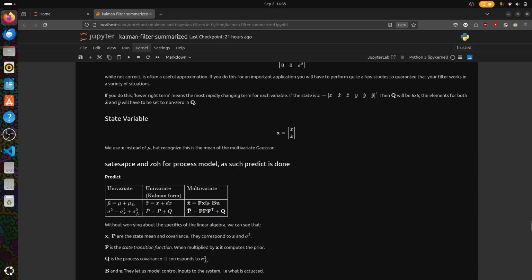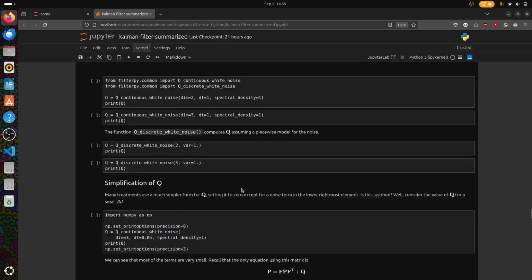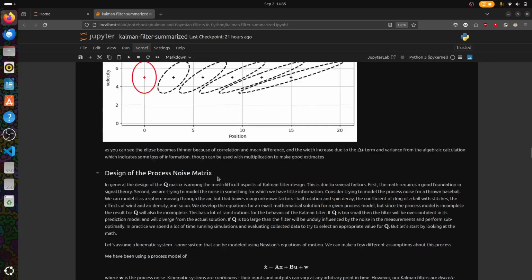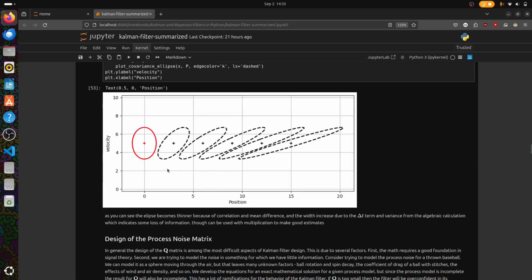Then you can get your initial covariance matrix for your model, and you use F P F transpose to move it forward in the time step. It looks like this image here. No correction is applied, it's simply moving through time.